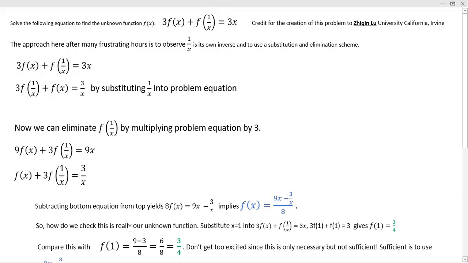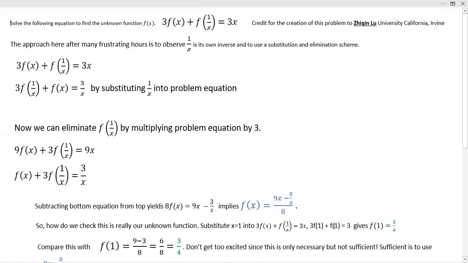Now, one way to check is just to pick a number in the domain of the function and see if you get the same result. Now, that technically is only a necessary condition. It's not really sufficient. But what happens here when we choose x equals 1, you can see right here, after you substitute 1 into all these spots, you get 3 times f of 1 plus f at 1.